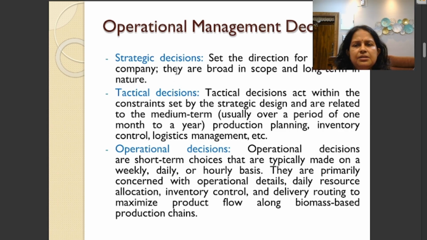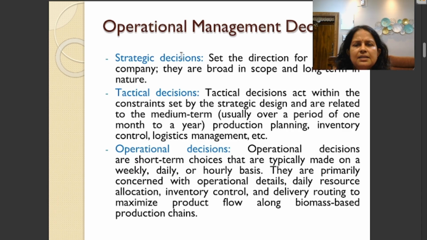Tactical level decision or corporate level decision is called a medium-term decision making. It starts from some months, like 1 month to a year, or it can be from 3 months to 18 months, or sometimes extended up to 2 years.